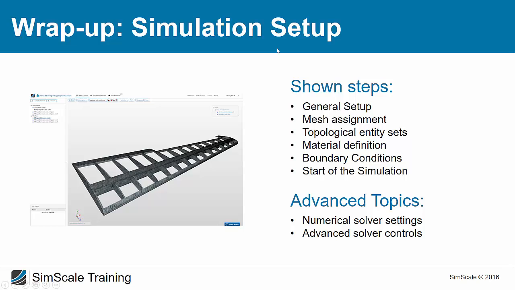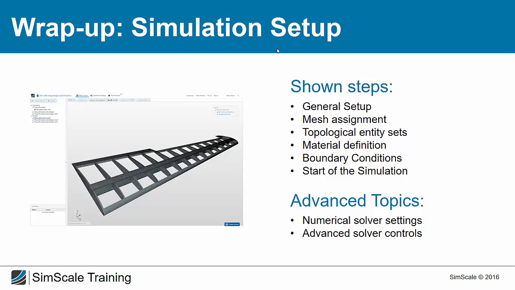Okay, let's do a quick wrap up. We talked about the general simulation setup. I showed you how to create a new simulation, how to choose the right type, and we talked about the difference between linear and nonlinear analysis. Then we assigned the mesh and created different topological entity sets.